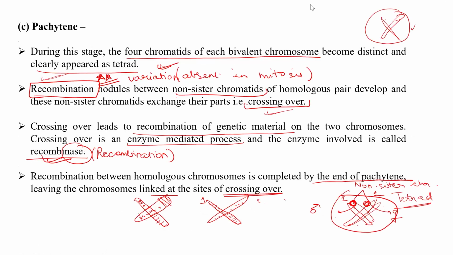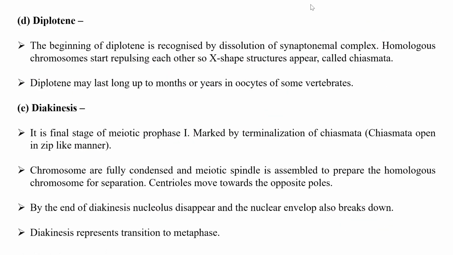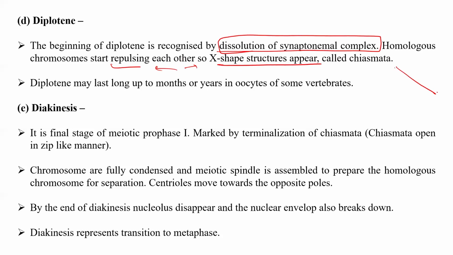Before that, both the homologous chromosomes are linked together, but the beginning of the diplotene stage is characterized by the dissolution of the synaptonemal complex. So the synaptonemal complex dissolves and it results in the repulsion of both the chromosomes from each other, so that the X-shaped structure appears. So both the chromosomes repel each other and an X-shaped structure is formed.